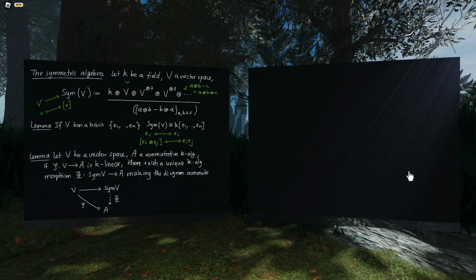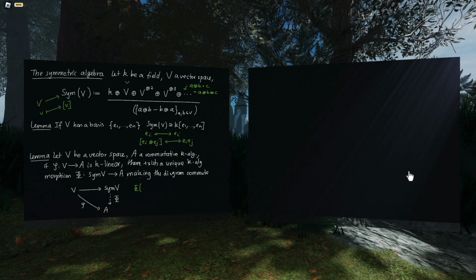And that's pretty clear, because if you can map vectors in V to A, and inside A you can multiply things, then if I give you anything in the symmetric algebra, well, anything in the symmetric algebra is some tensor, and tensors can be obtained by multiplying. So anything in the symmetric algebra you can just get by multiplying together stuff in V, right?